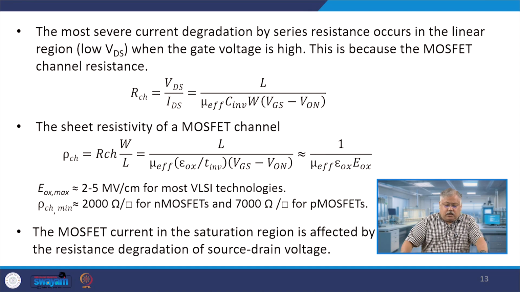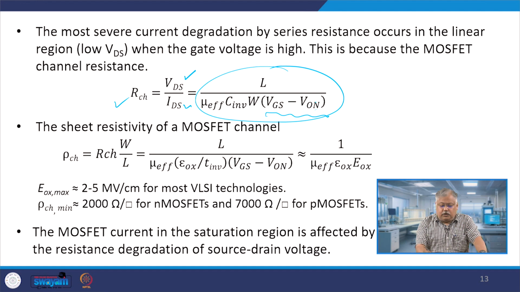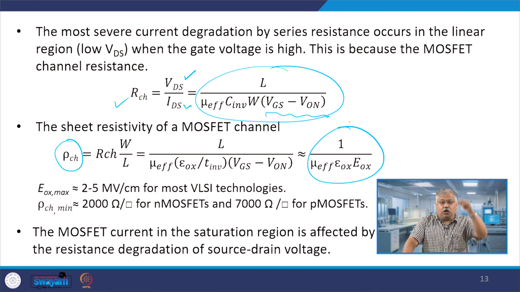So, if you take series resistance into consideration, the channel resistance RCH is given by VDS, the applied drain to source voltage, divided by the drain to source current, which comes out to be L by whatever is written here. V on is basically V threshold in this case. The sheet resistance of the MOSFET channel rho CH is given by 1 by mu effective into epsilon ox into EOX. EOX is the electric field across the oxide layer.